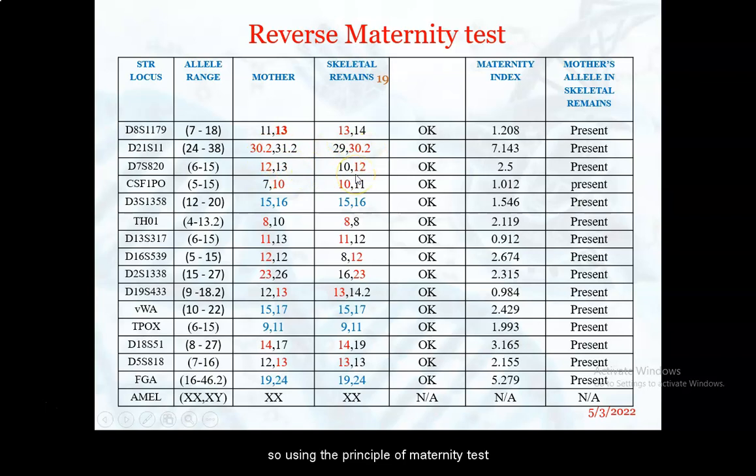So using the principle of maternity test, they got to know that the supposed mother and this skeletal remain share alleles at every single locus tested. So maternity indices were calculated and there was a combined maternity index.